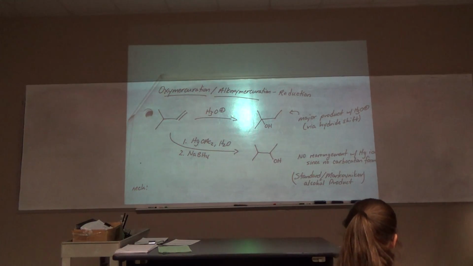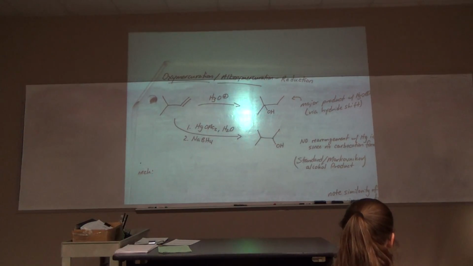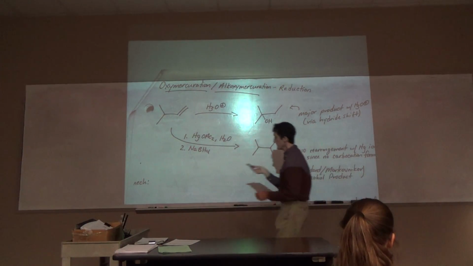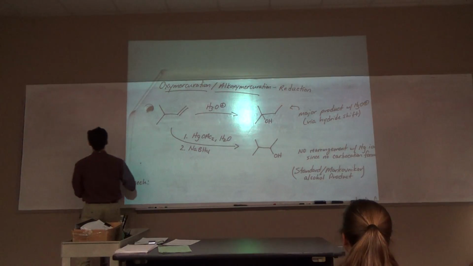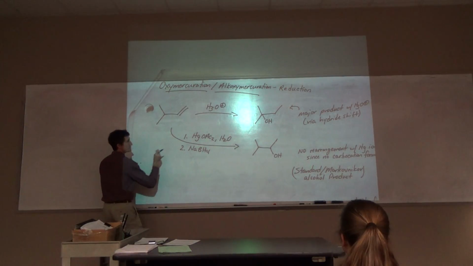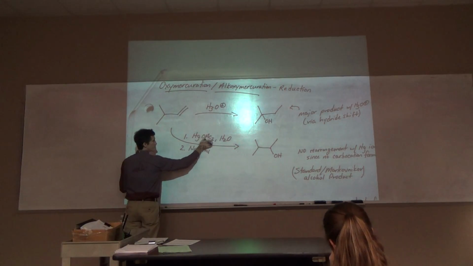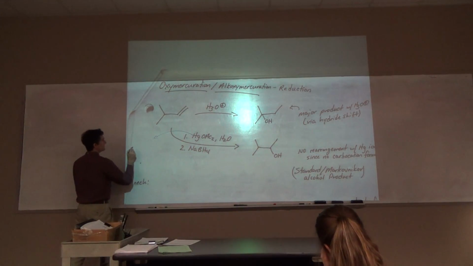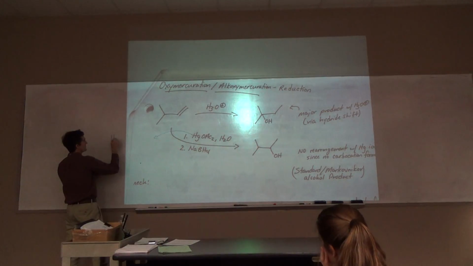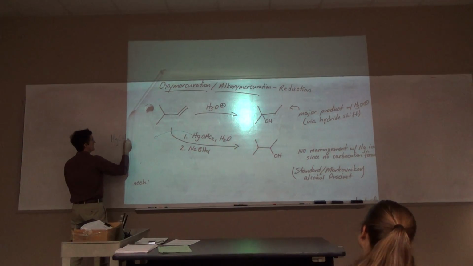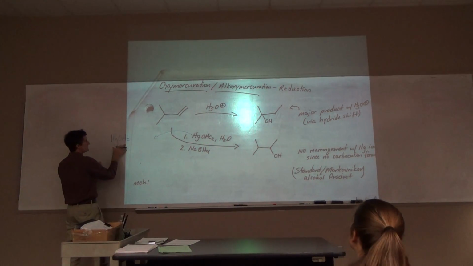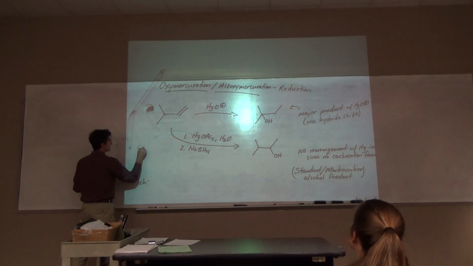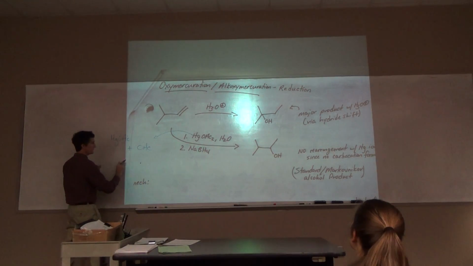Let's look at this mechanism. I'll leave it like this. Mercury acetate. We can show this sort of partially ionized. I'm not really going to show the mechanism, but we can show this as mercury, just one acetate, plus the other acetate sort of separated. What's the charge of acetate?